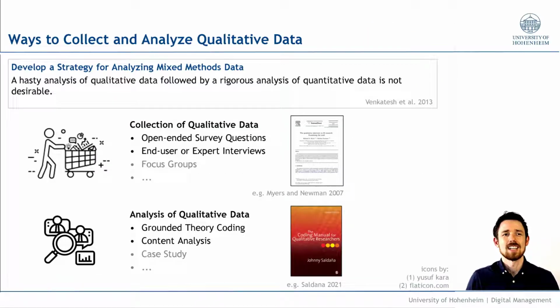All right, lastly, I would like to talk about ways to collect and analyze qualitative data really briefly. Now, one thing that is important in mixed methods research is that you don't do a hasty analysis of one strand, for example, the qualitative data in a quantitative dominant research inquiry, and then obviously do your quantitative data rigorously.